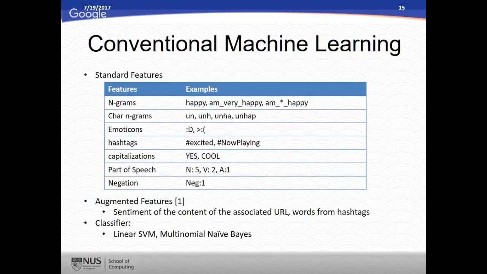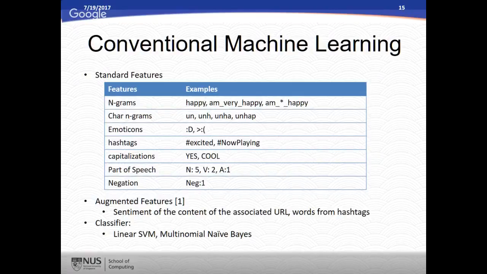Though in my experience, part of speech doesn't work very well because tweet texts are often very unformatted, so the normal tagging algorithms do not work well on tweet text. You can also use negation words, with tricks like reversing the polarity of a polarity word if a negation occurs before it.